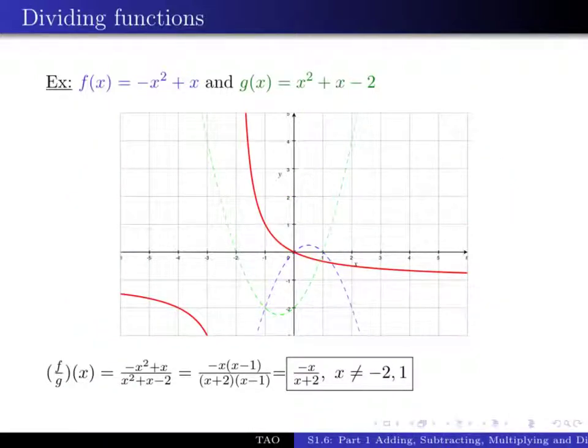Okay? So here's the resulting function. I take my f, put it on top. I take my g, and I put it on the bottom. I factor to try to make my life easier, and I see that there's an x minus 1 in each term. But I can't really get rid of it.